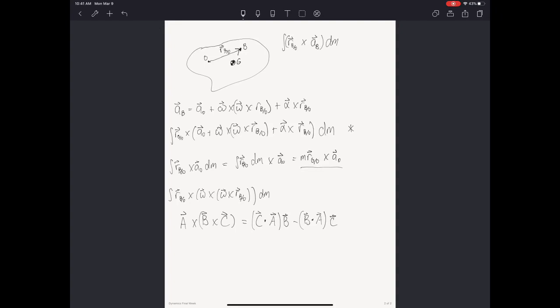I'm going to first tackle the omega cross R product.